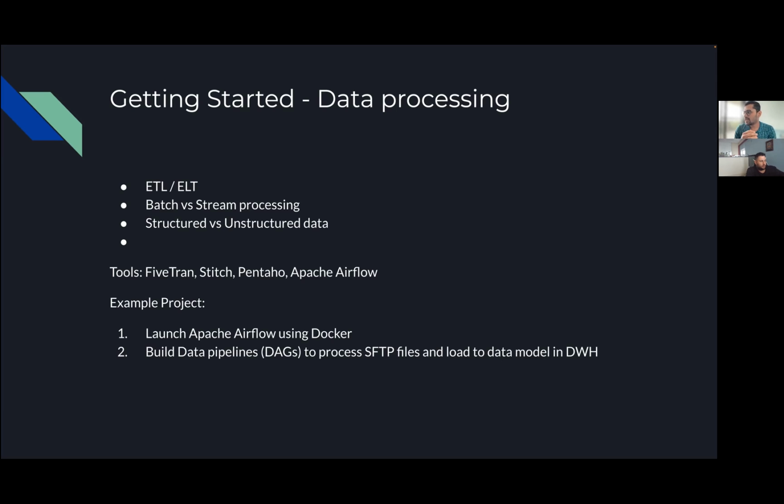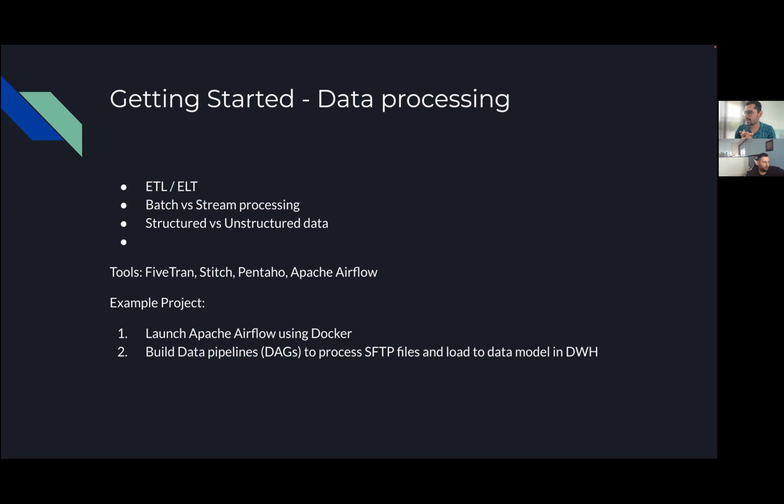Some tools that you can think of using are Fivetran, Stitch, Pentaho, and Apache Airflow, which is what we use, and which is also an open source tool. The other three are proprietary, and some of them are quite expensive as well. As an example project, I would suggest Apache Airflow.